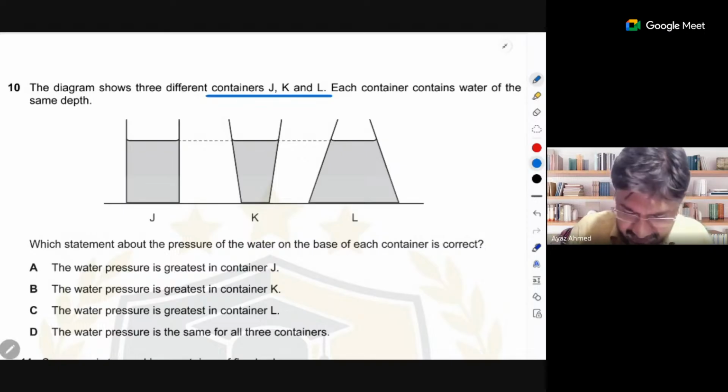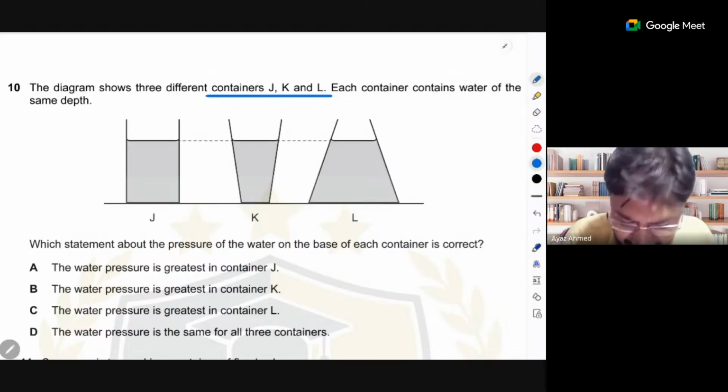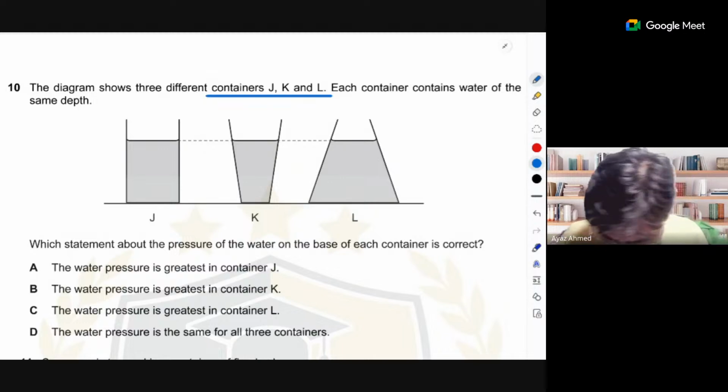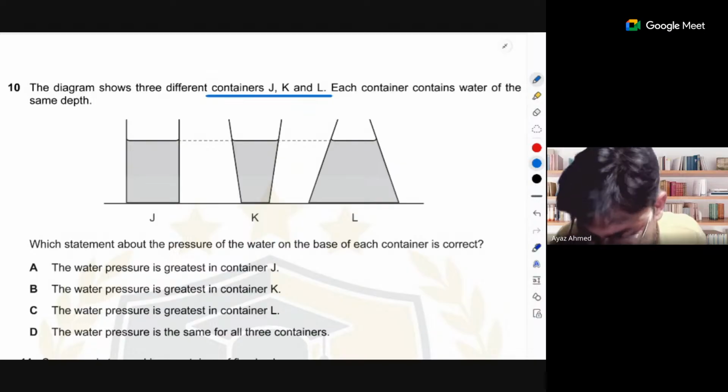If the depth is the same, they are of the same liquid, right? Each container definitely has water. So should the pressure be the same or not? Actually, this is a trappy question.